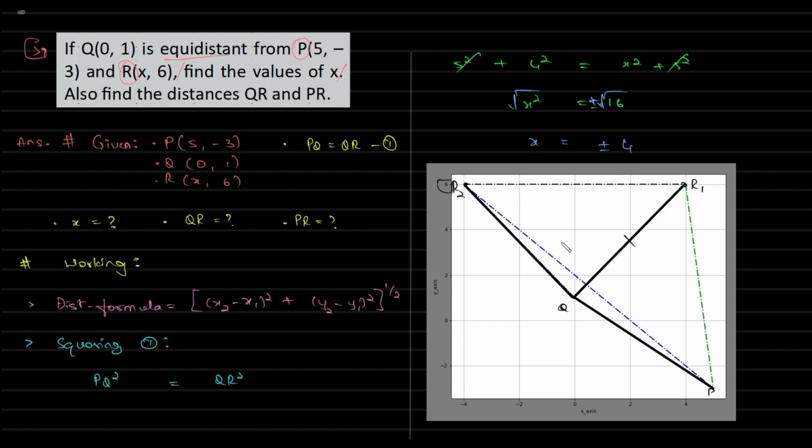So this length is equal to this length is equal to this length. This is the whole idea, and that's why we have two answers. If you want to pause and have a look and measure, you can do so. I'll do the next part now.